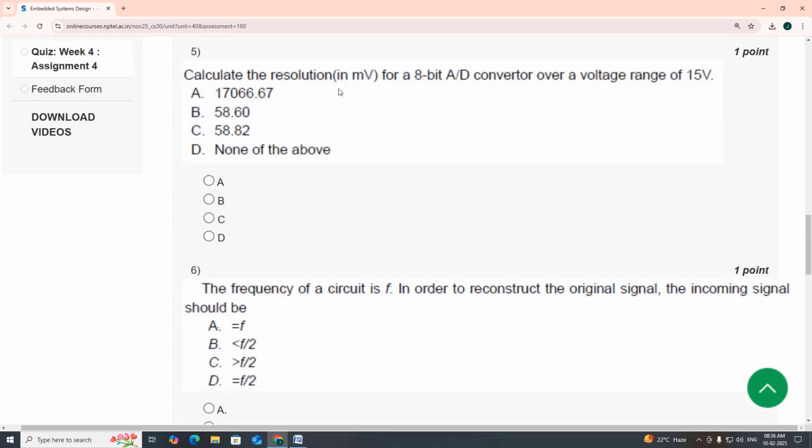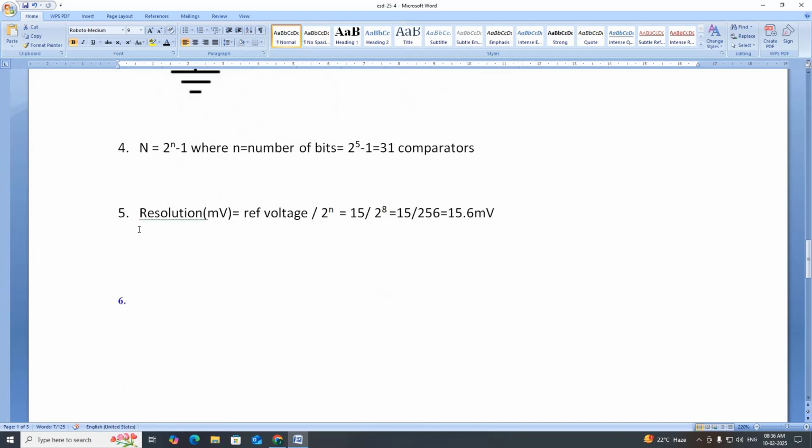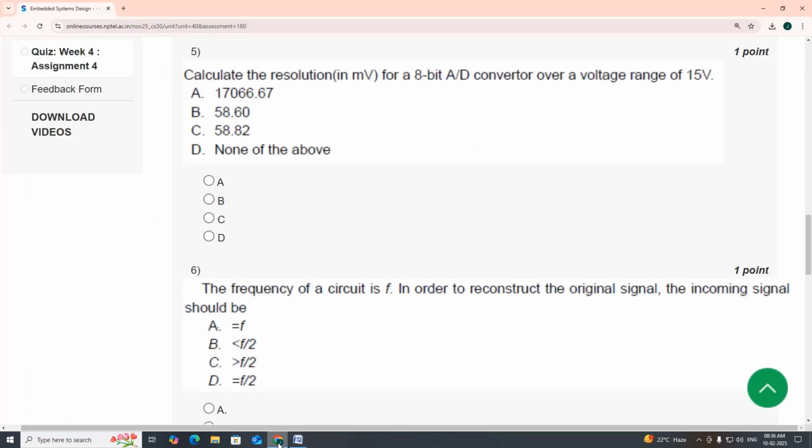Calculate the resolution in millivolt for an 8-bit analog to digital converter for a voltage range of 15 volts. So this is the 5th one. Resolution is reference voltage divided by 2 power n. The reference voltage is 15 and n is 8. See here, it is for 8 bit and 15 volts.